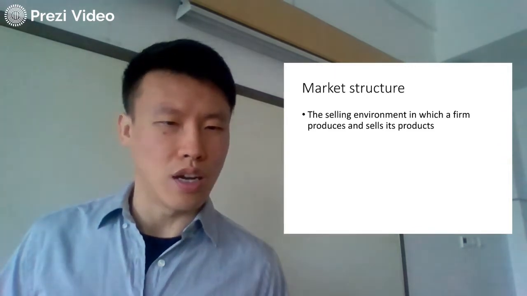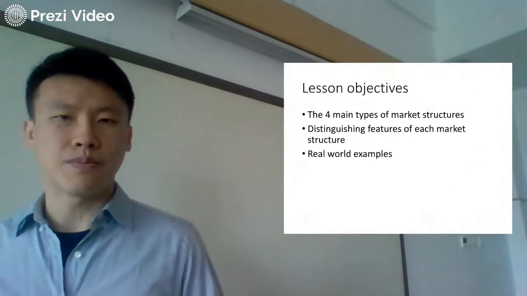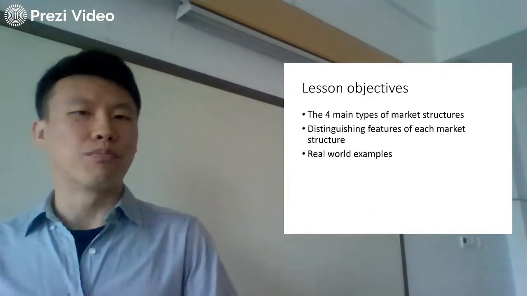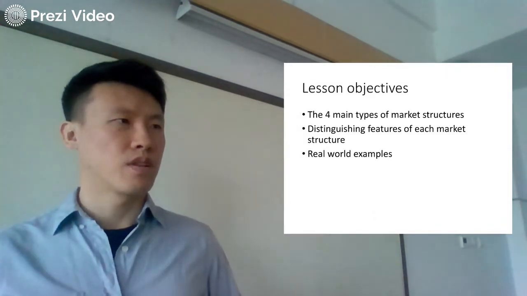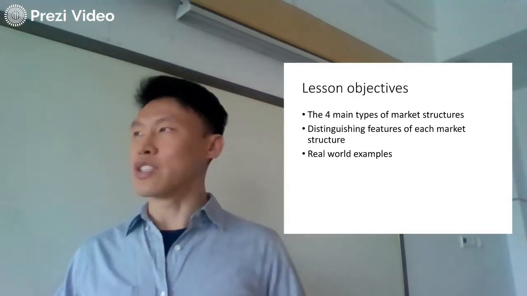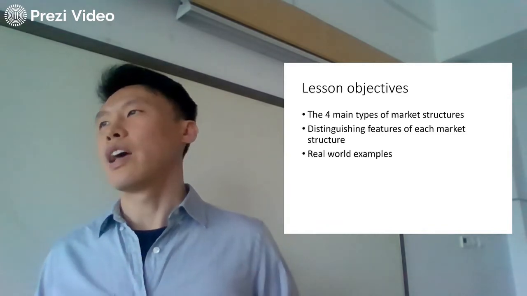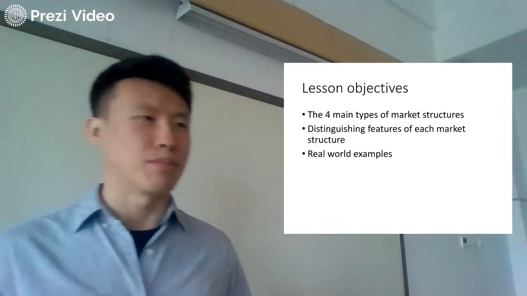So today's target objectives are the four main types of market structures. We'll look at the distinguishing features of each market structure, and we'll also look at some real-world examples.